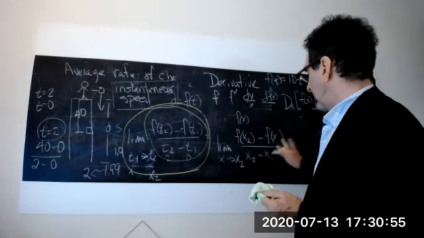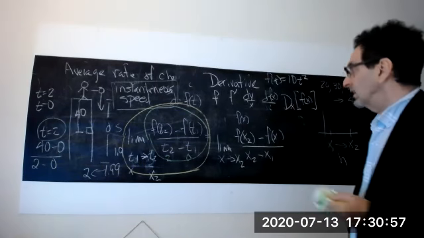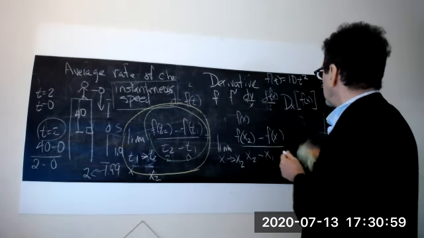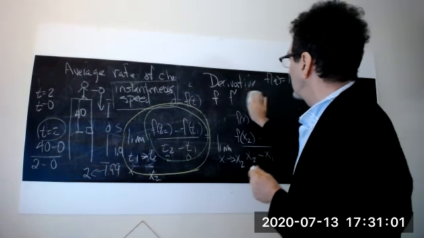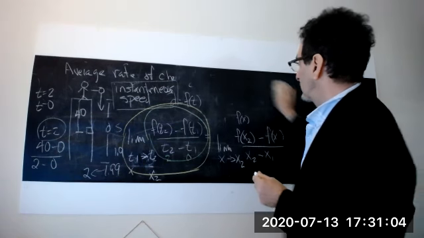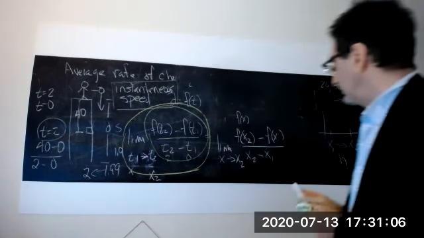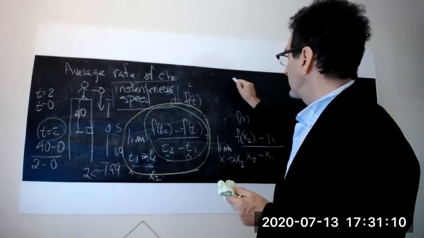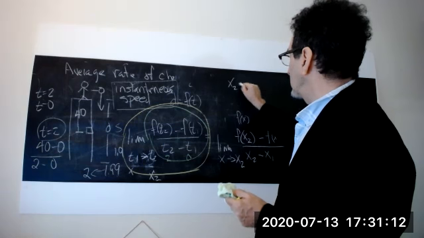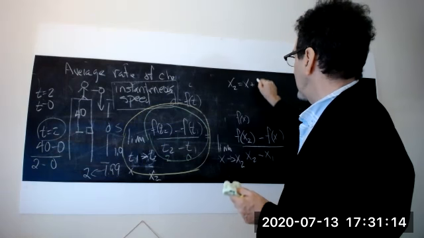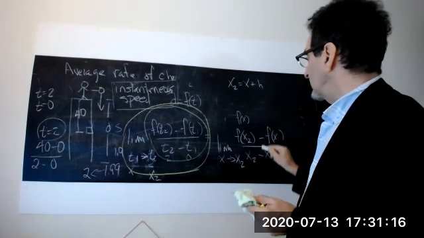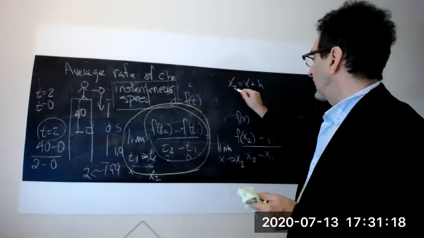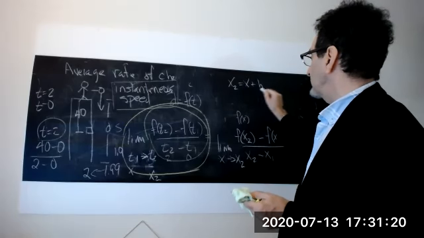Then we say that x2 equals x plus h. So the distance between x2 and x is h.